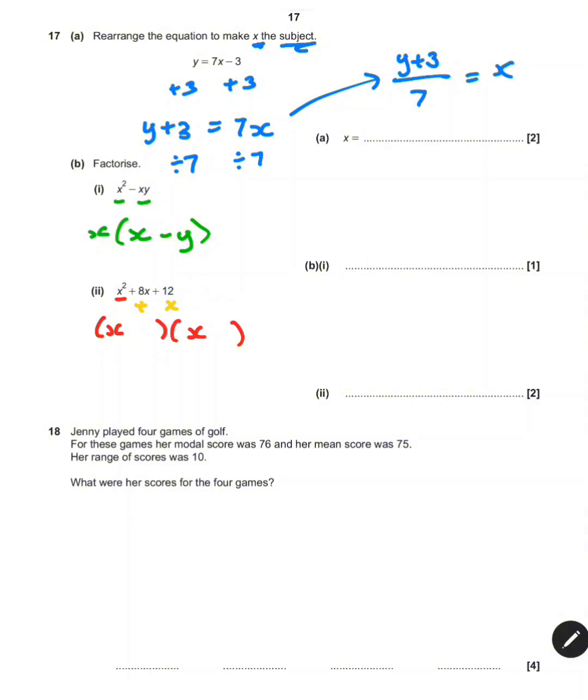Start with the numbers that times to make 12. You've got 1 times 12, 2 times 6, and I'm going to stop there because these two numbers times to make 12, but add to make 8. So they go into my bracket, x plus 2 and x plus 6.